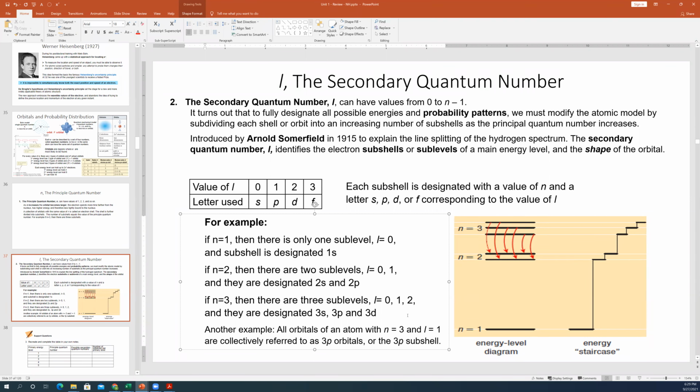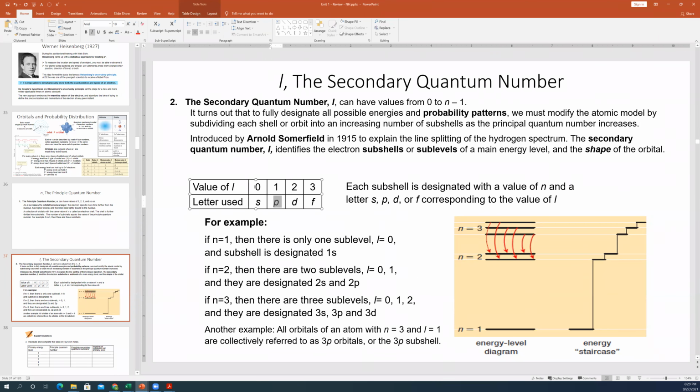Now it was becoming cumbersome to talk about n is equal to 3, L is equal to 0, 1, 2. So instead, they adopted a naming system. Instead of calling L equal to 0, they started using a letter, and this became known as s. And when L was equal to 1, so when the secondary quantum number was equal to 1, they gave it the letter p.